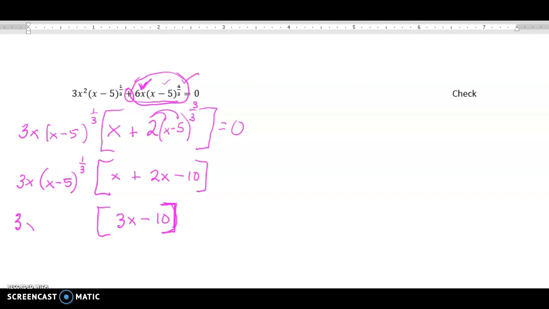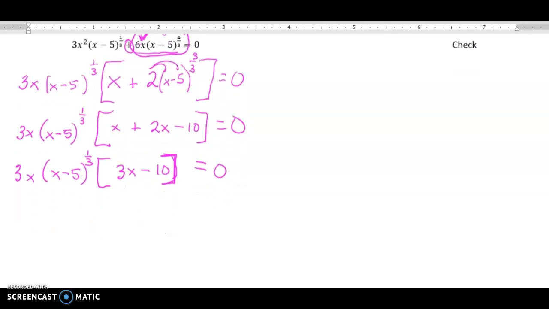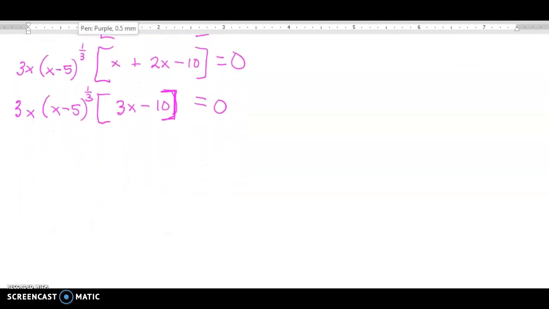And out here we have 3x times x minus 5 to the 1/3 power times 3x minus 10 equals 0. So we have factored it. Our factors are 3x, x minus 5 to the 1/3, and 3x minus 10.